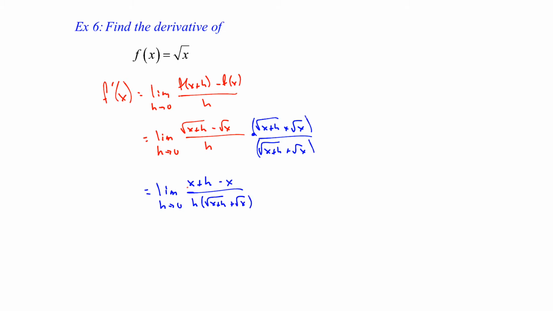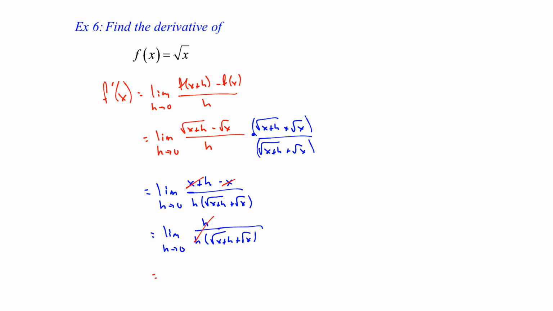So you see the x's are going to cancel. That'll leave us with the limit as h approaches 0 of h over h times the quantity square root of x plus h plus square root of x, and then you'll see the h's cancel.